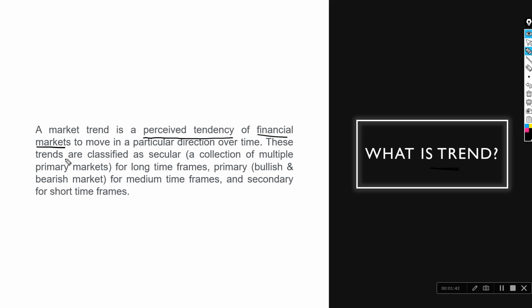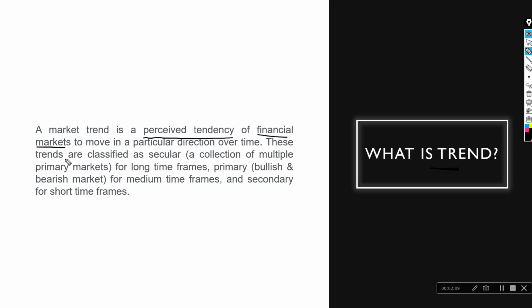Perceived tendency, as you know, we have the stock market, and it is called a perceived tendency because we need to know how the market moves. And this is a financial market. There are various kinds of market, but specifically when we talk about the stock market, and in this course, the market trend will be with respect to the financial market.